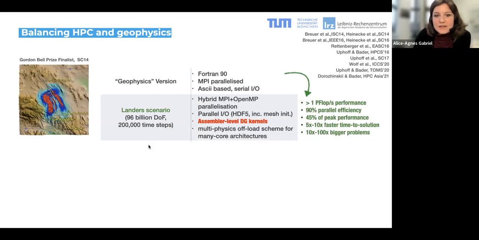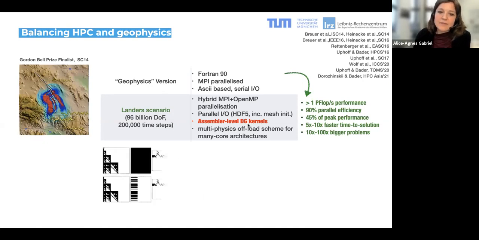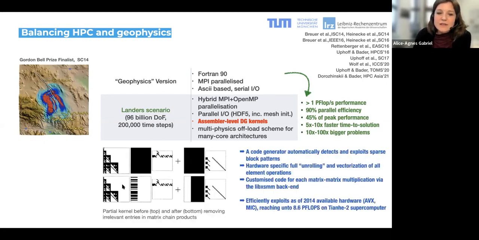For a large scale Landers scenario, the biggest improvement was something that I call assembler level DG kernels. What that basically means is that we're taking over the job of the compiler, and we're thinking about an optimal way how to unroll our loops. So this is something that every optimization flag in a compiler would be doing, but it's very difficult to do that for specifically those multiplications that we have to do in the code.